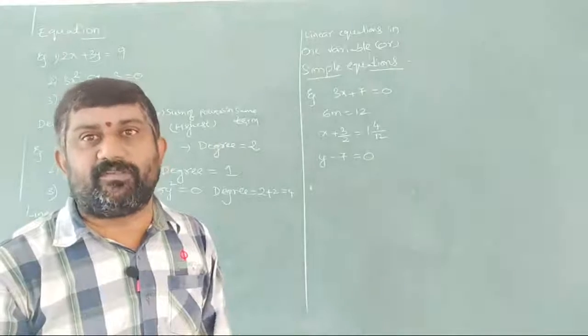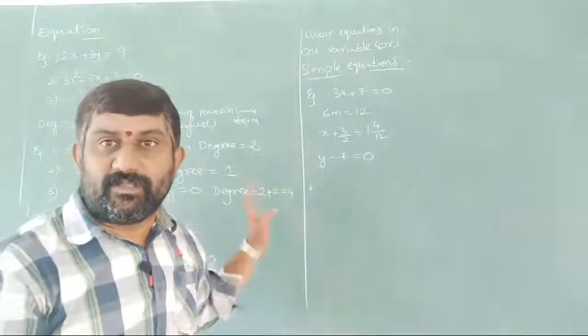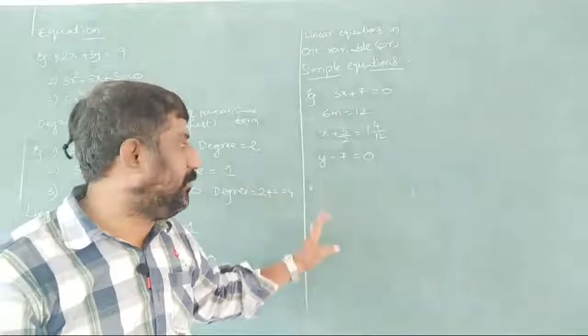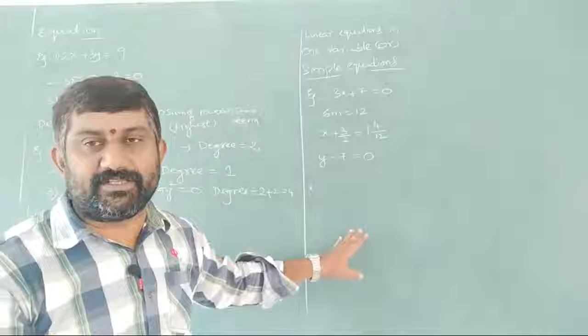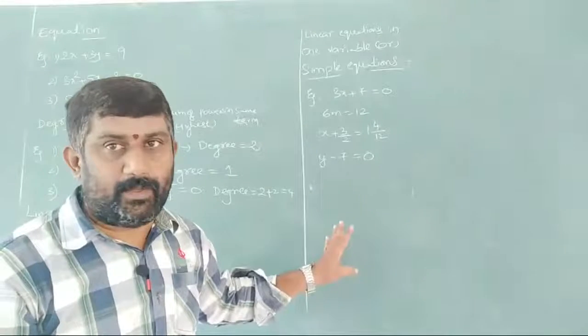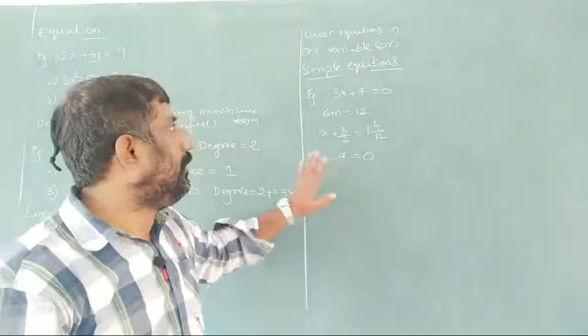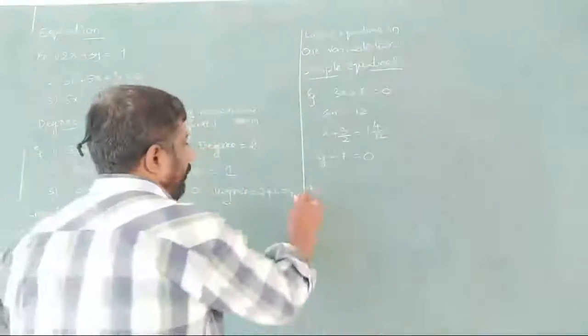Such problems you will find in competitive exams very often, so that's why we have to learn these basics. First the introduction to simple equations, then how to solve them, and after that we will take word problems also today. Okay. Now coming to solving the problems here.